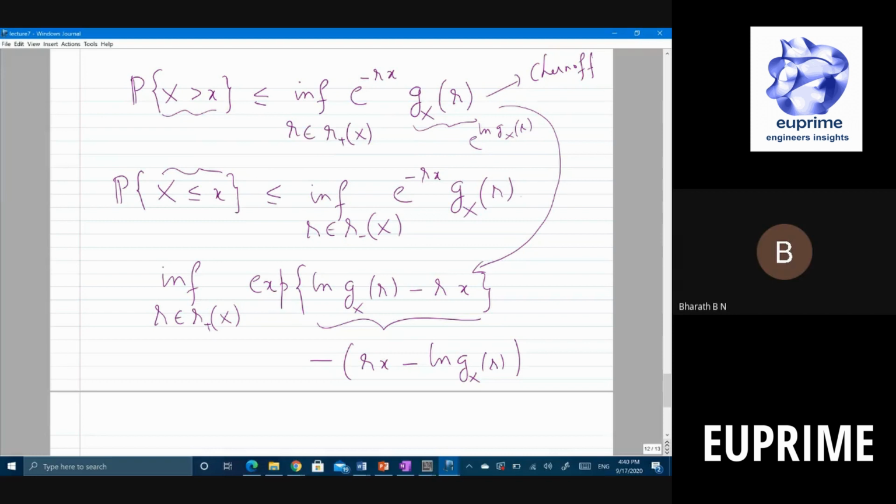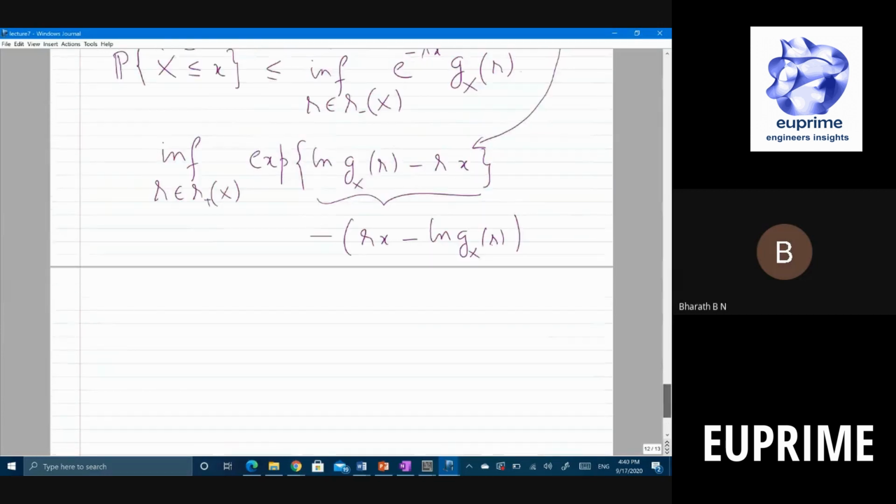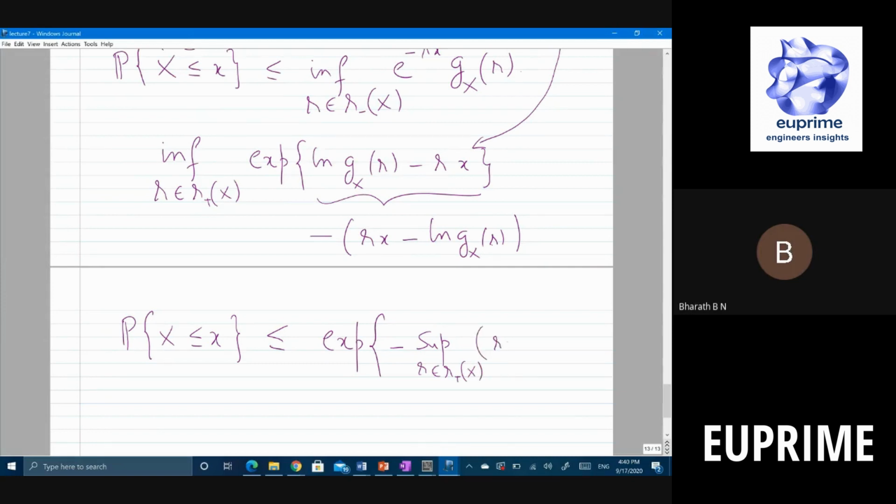I'm just taking the minus outside. So if I'm taking the infimum over all of an exponential of a negative, I should take the supremum. So the probability of X less than or equal to x is less than or equal to the exponential of minus the supremum over all r belonging to R plus of rx minus ln of g_X(r).